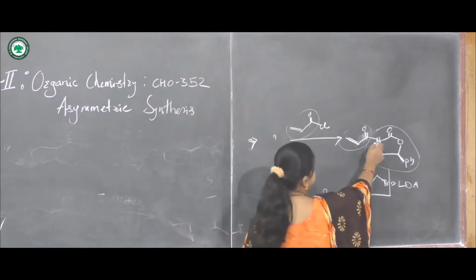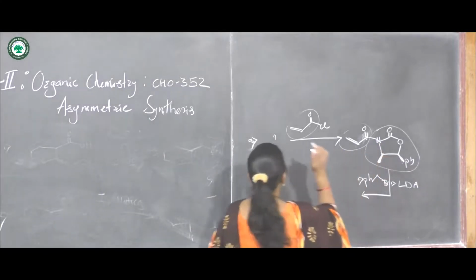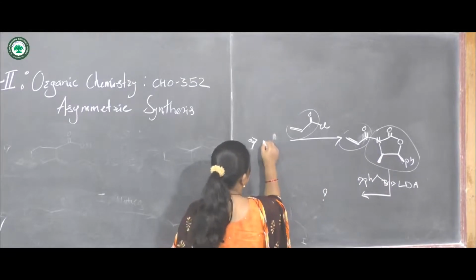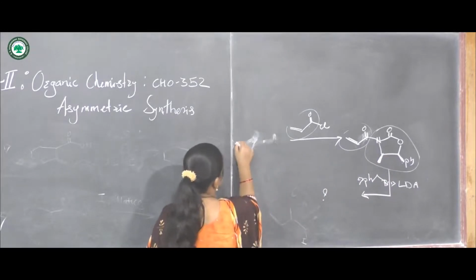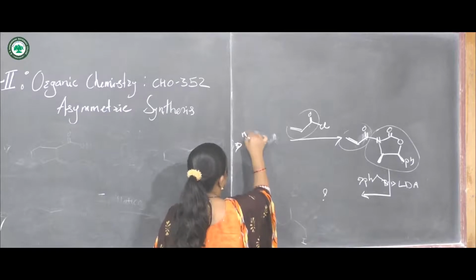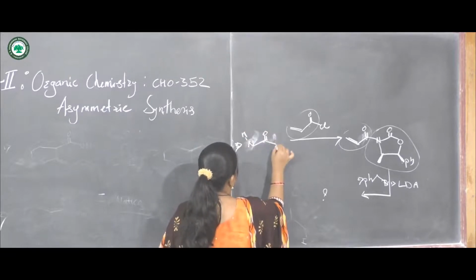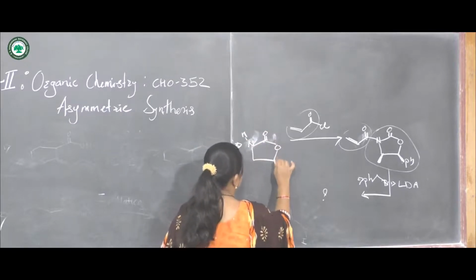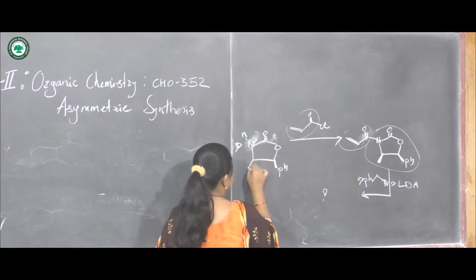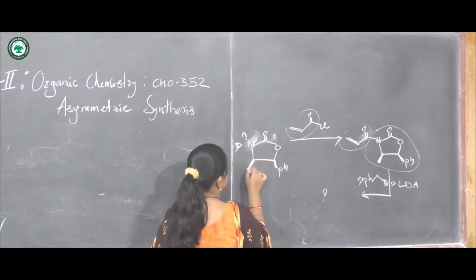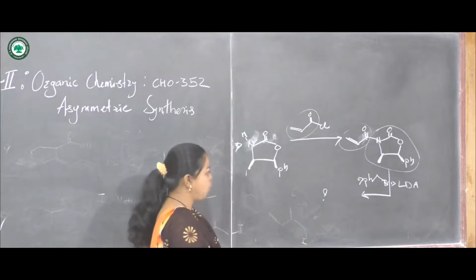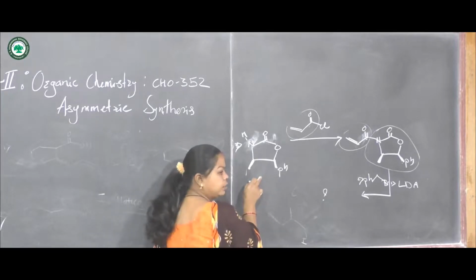So this is the norepinephrine derived chiral auxiliary. So we can write the structure here. This is the structure of the norepinephrine derived chiral auxiliary.